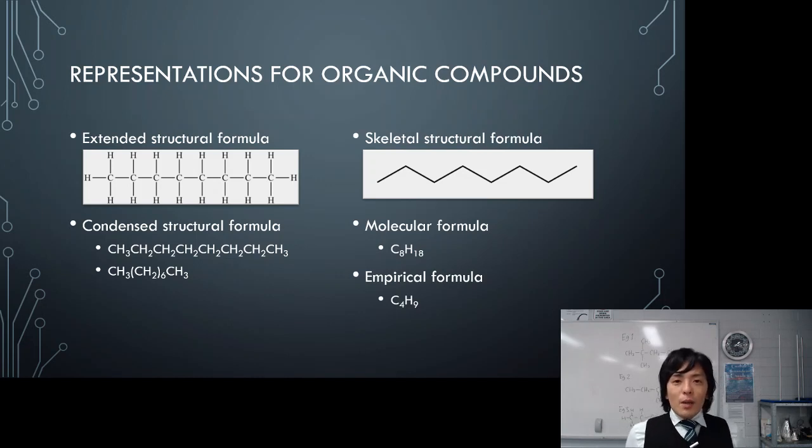Now, scientists came up with a lazier method, assuming that all the carbons are in hydrocarbons and all the carbons are filled with 4 bonds. Someone started being lazy about drawing hydrogens around carbon. So we came up with the skeletal structural formula as well. Count the corners and ends of the lines. Hope you can count up to 8. Starting from this end, 1, 2, 3, 4, 5, 6, 7, 8.